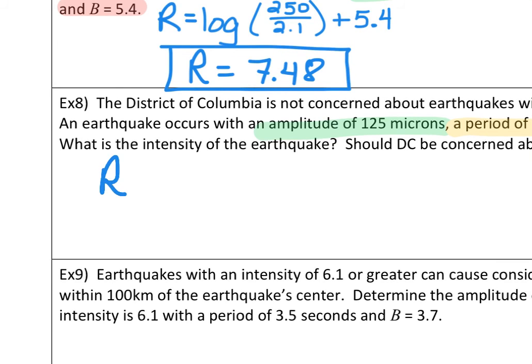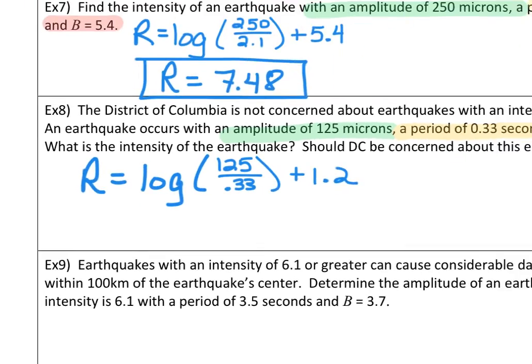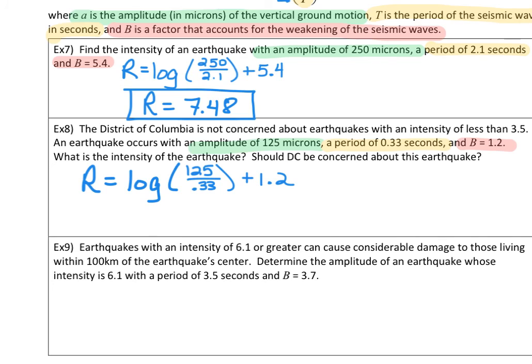So we're going to go back to the same formula. R equals the log of that 125 microns divided by the 0.33 seconds, which is the period, plus the B number, which is 1.2. Go ahead and type all that into your calculator.